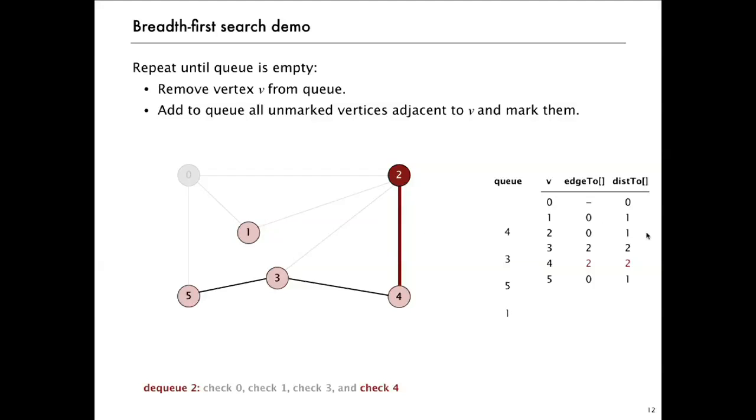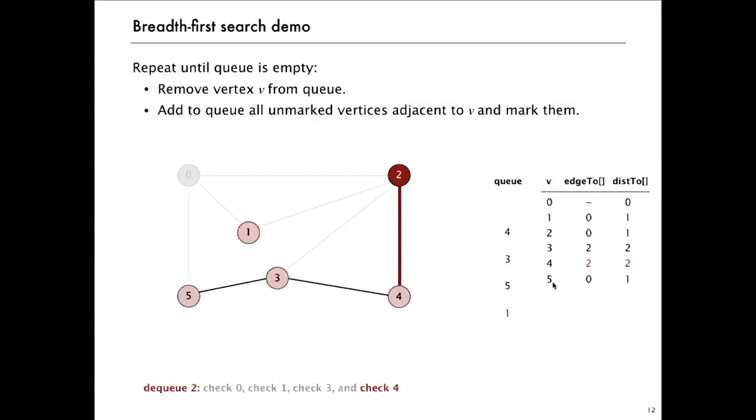By the way, I didn't mention, but we're also keeping track of two auxiliary data structures for this. One is the edge-to array, which is the same as before: what edge did we use to get to this vertex? So 4, we got to 4 from 2, and 2 we got to from 0.